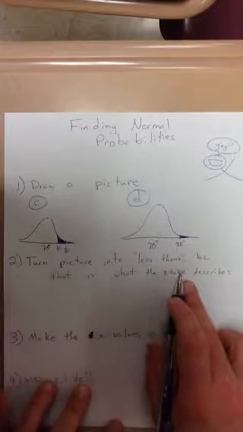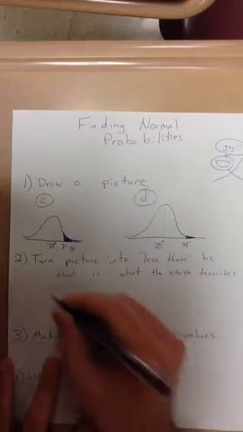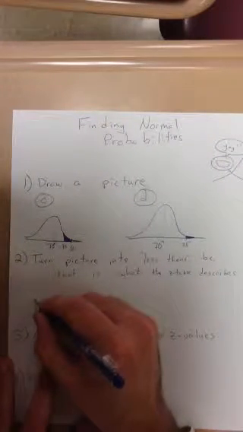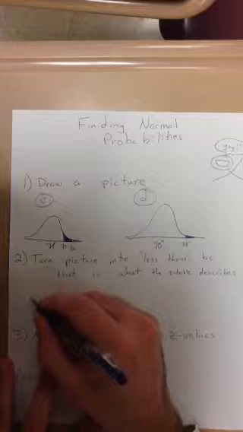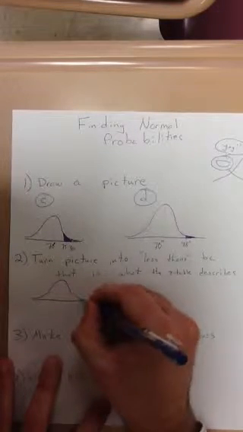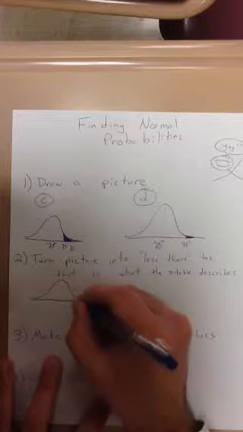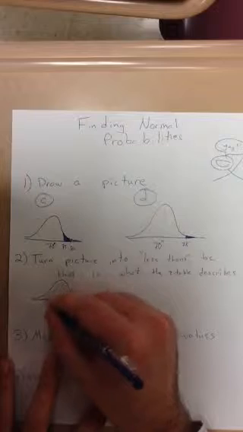Now we need to turn the picture into less thans, and this is what's a little bit crazy. So what we're doing is saying, with this first one, let's take a look at the 80. So there's 80, shade the probability to the left.